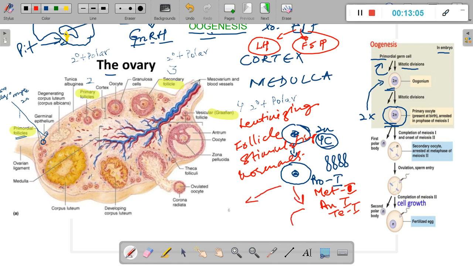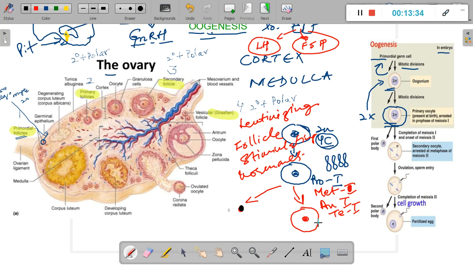Usually both cells have the same size, but in oogenesis only one cell is extremely large because it gets the lion's share of the cytoplasm and all the organelles. So one cell becomes extremely large and the other extremely small, very tiny. It has barely any cytoplasm and organelles, if any.